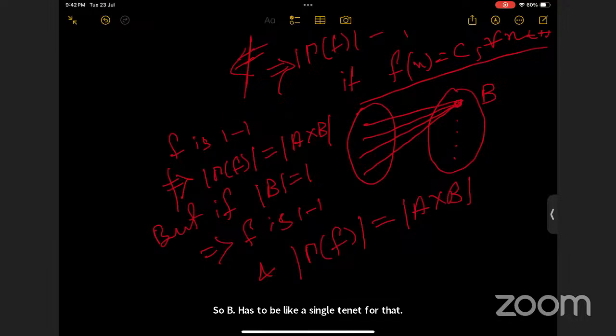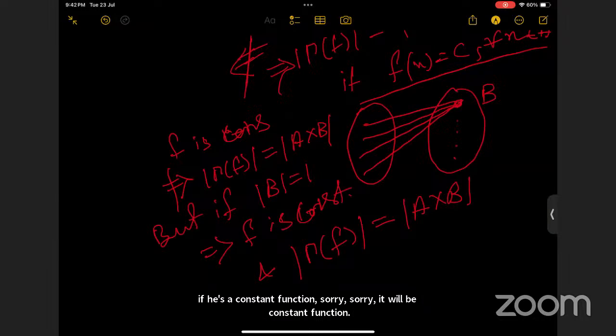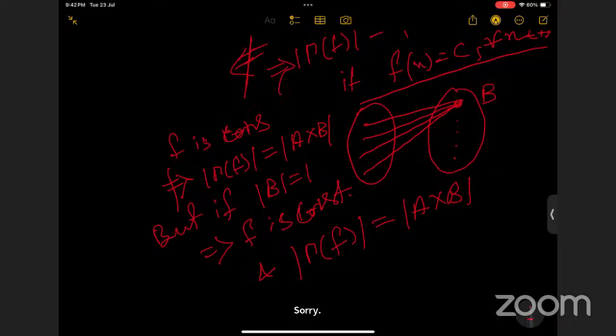If f is a constant function, we cannot imply that the cardinality of the graph equals that of A cross B because of this example. But if the cardinality of B is given as 1, then we can definitely imply it.